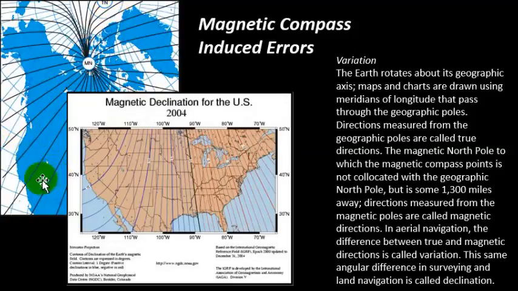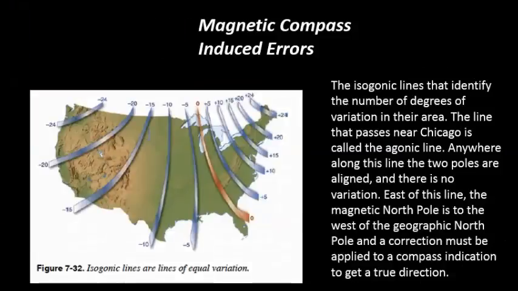In that type of situation, we have to take in mind the lines of magnetic variation, which are here. All over the planet, you have what we call isogonic lines, which are lines of equal magnetic variation. So if we're flying around here, let's say in the Chicago area, there's no variation, so you wouldn't have to worry about that at this point.